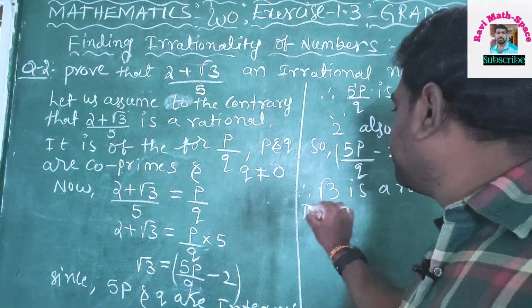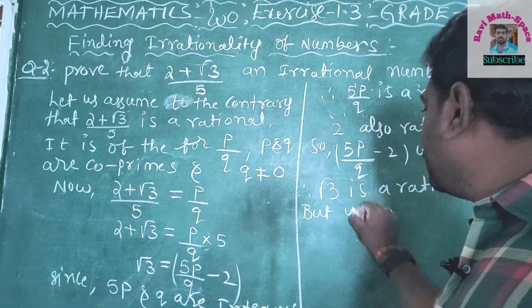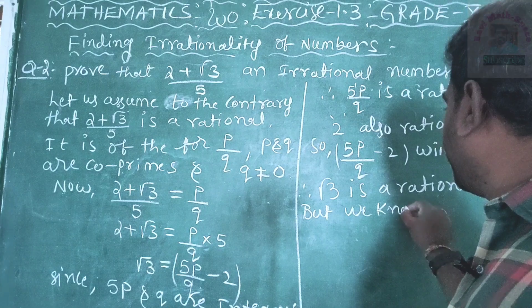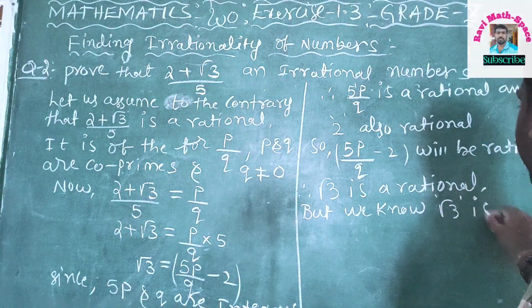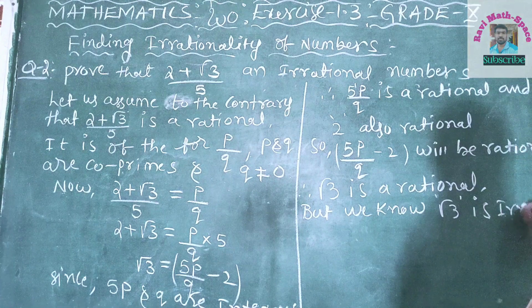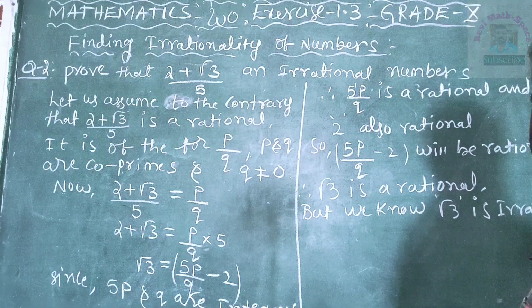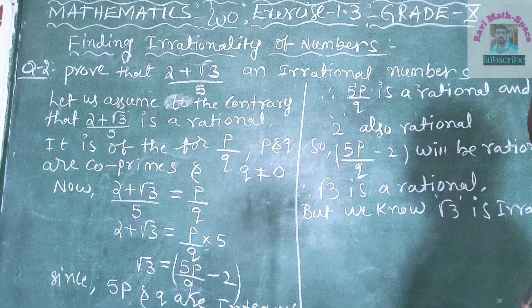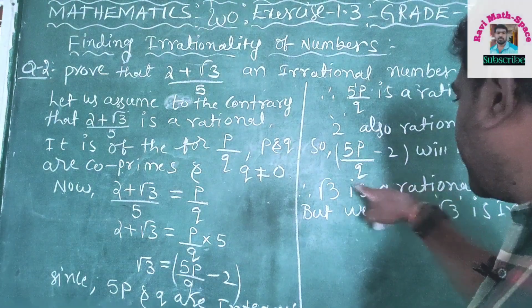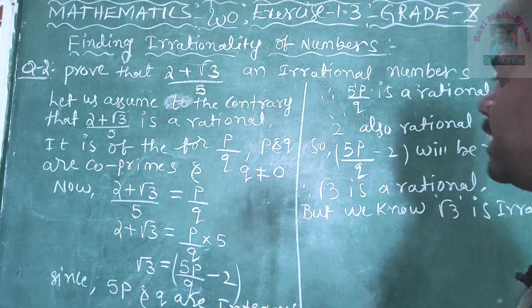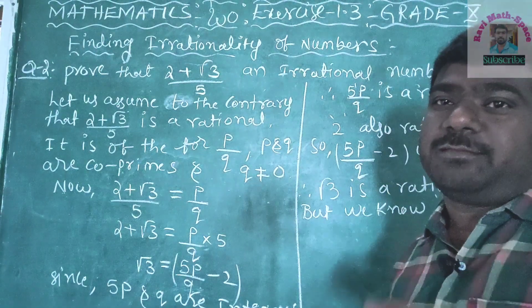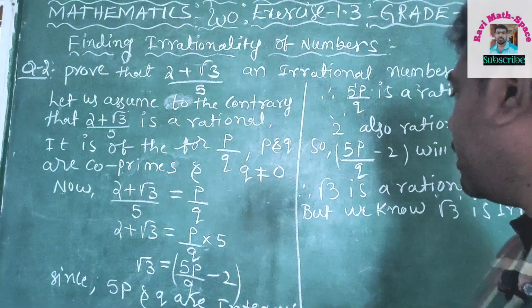But what do we know? Root 3 is irrational. Here root 3 is coming out rational, but we know that root 3 is irrational. So here a contradiction is coming, yes or no?